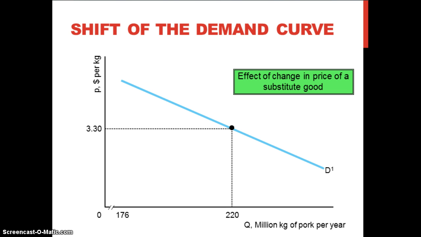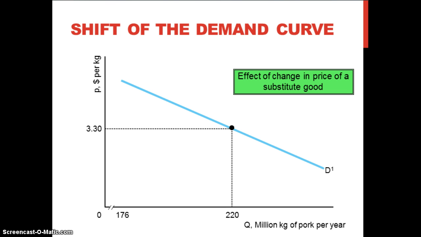Let's go back to the case of pork. So now we are analyzing price and quantity of pork. In this case, substitute good would be beef. And as I explained, we may see pork and beef are rivals.